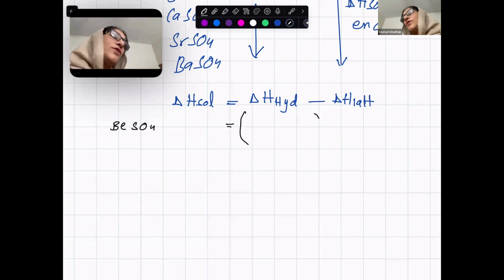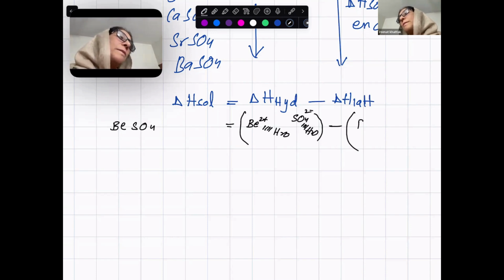Hydration: beryllium attracted by water, sulfate attracted by water; lattice: beryllium attracted by sulfate.